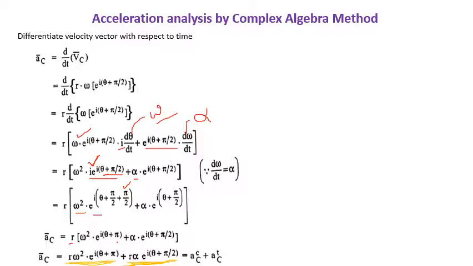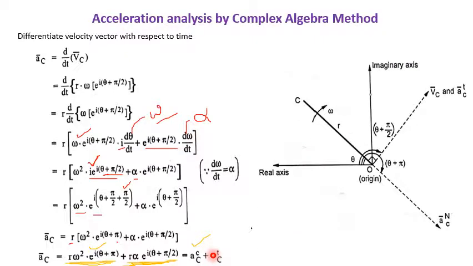So for our case, we got two types of acceleration. This is radial acceleration, and the second term is tangential acceleration. So this represents the radial acceleration, whereas this one represents the tangential acceleration. Now how to represent this on the position vector? See, this is the position vector, right?